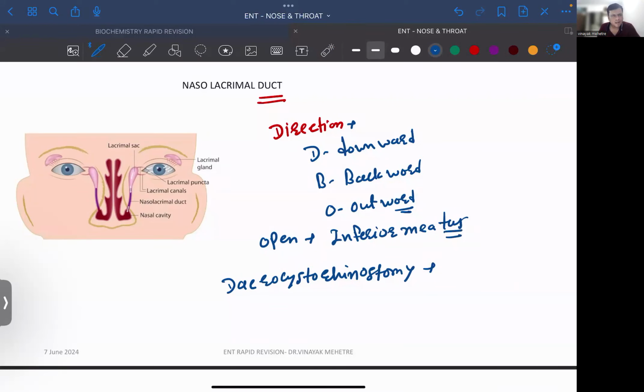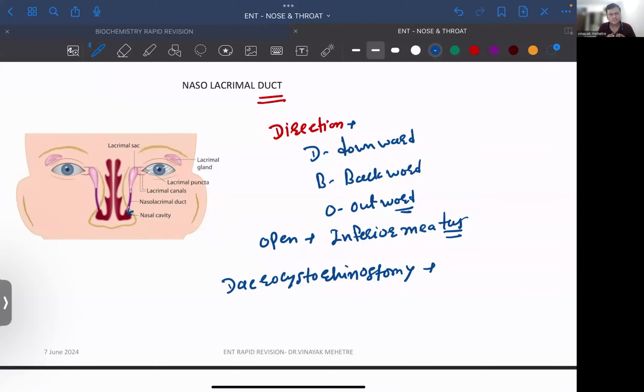Now, my nasolacrimal duct is blocked, right? I am going to put an artificial nasolacrimal duct. Which meatus is closest to the inferior meatus? That is the middle meatus, right? So the natural opening is present in the inferior meatus, which I cannot use anymore.